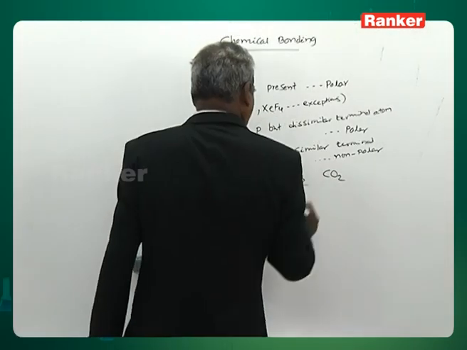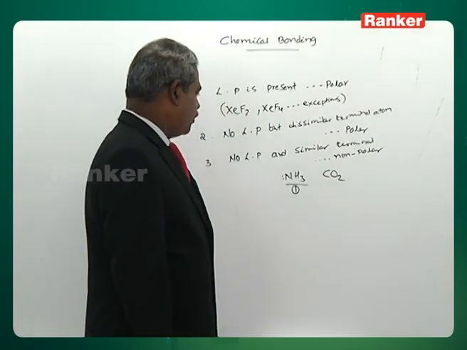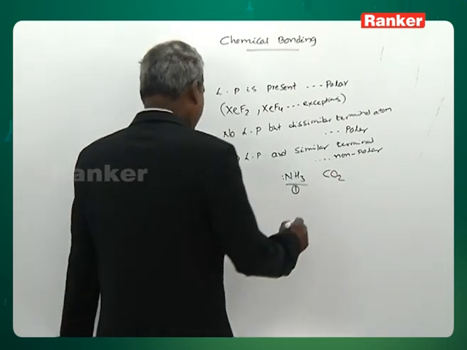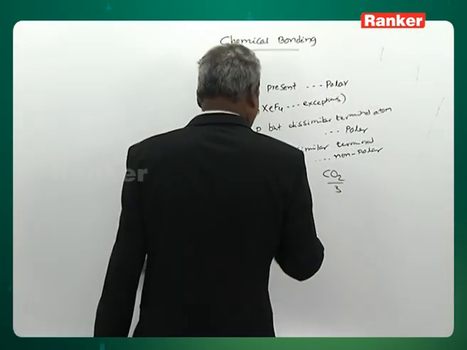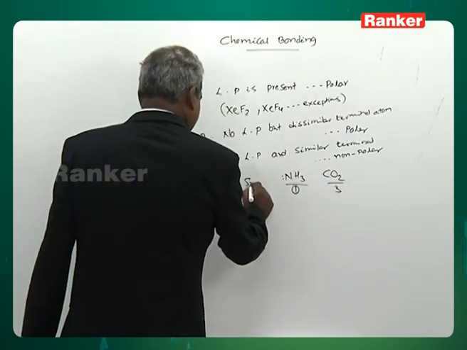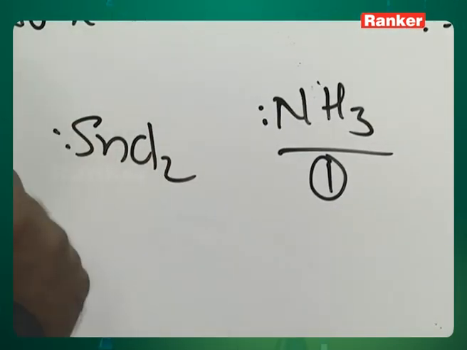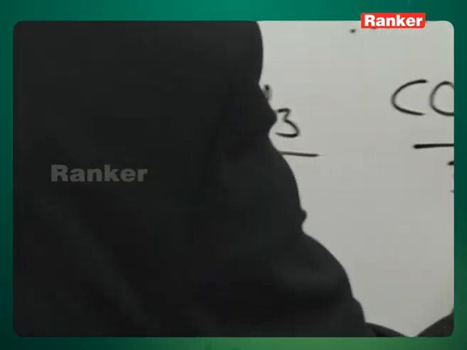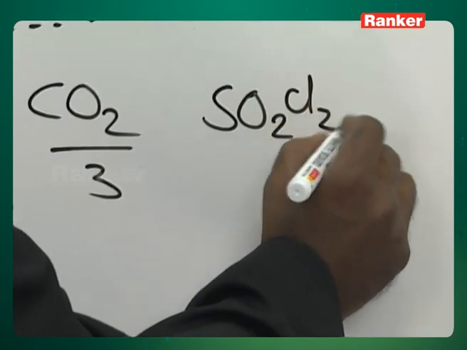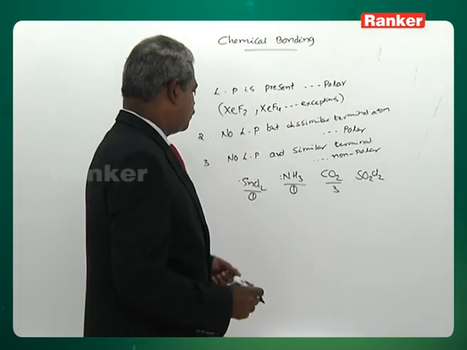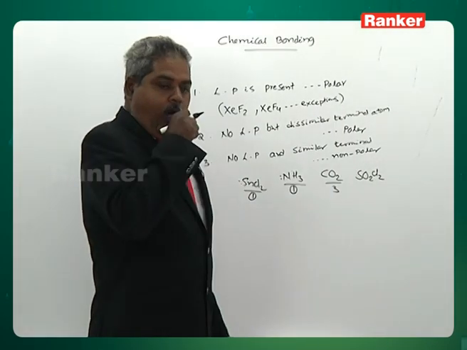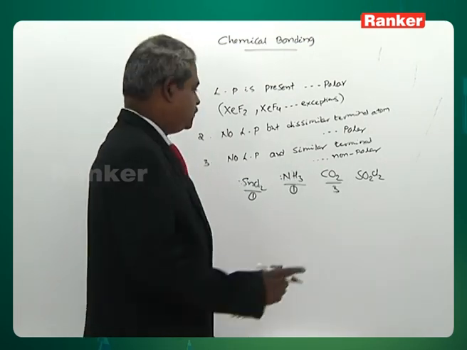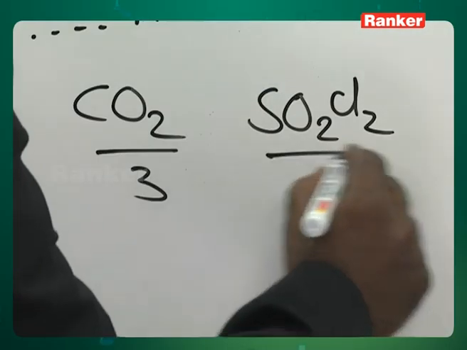CO2, carbon dioxide, there is no lone pair, and both the terminal atoms are similar, therefore it belongs to the third category, non-polar. SnCl2, lone pair is present. SO2Cl2, there is no lone pair, but it is polar.